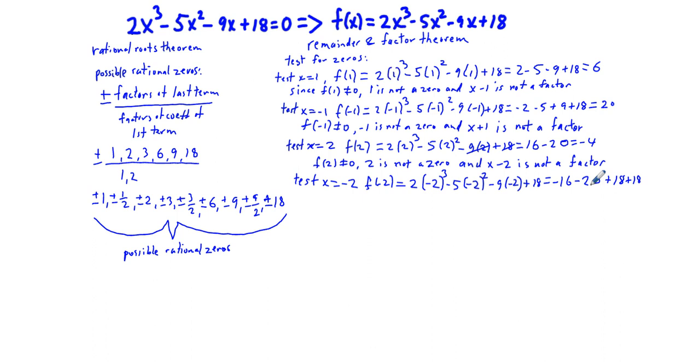So what we have here is negative 36 plus 36, and that's equal to 0. So we know that x equals negative 2 is a 0, and we know that x plus 2 is a factor.